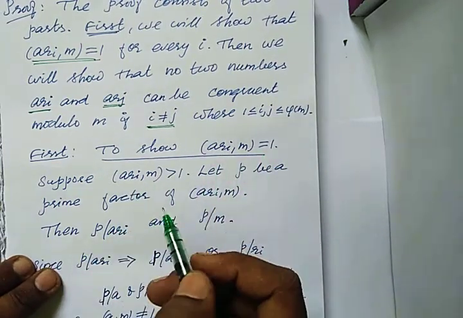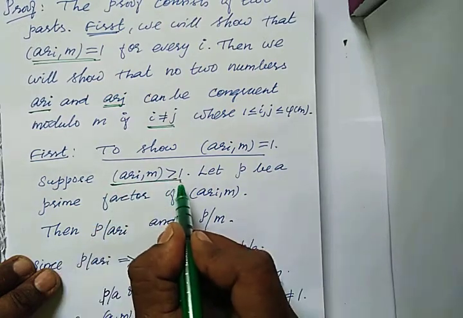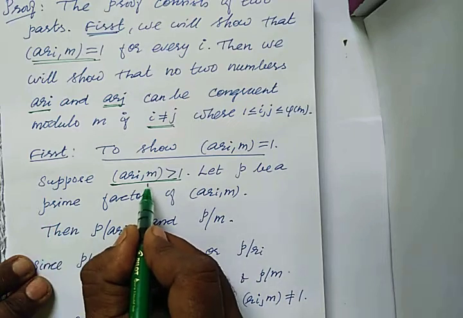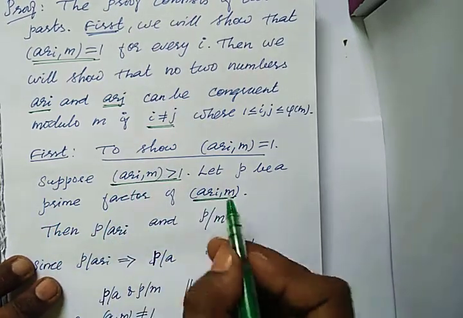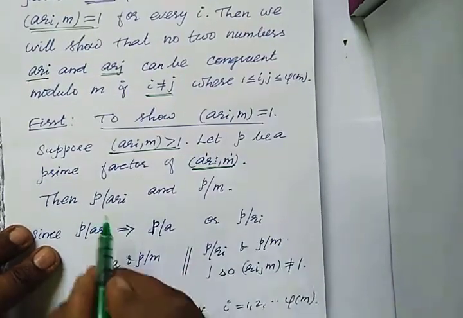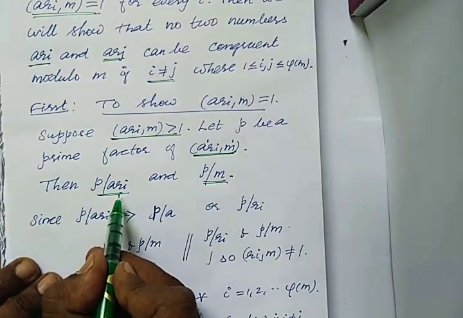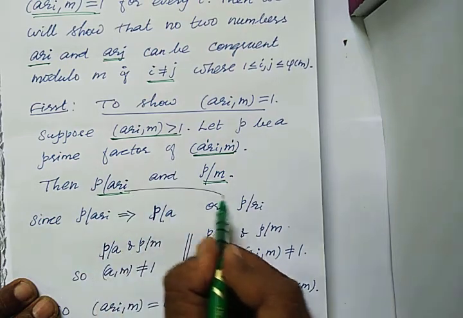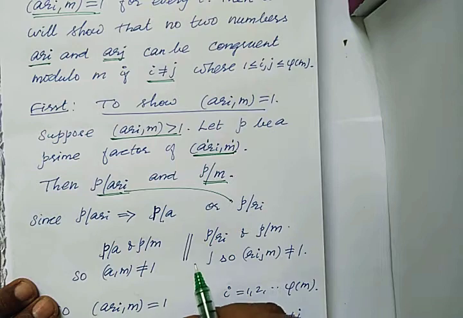Suppose not relatively prime, then the GCD will be greater than 1. Let p be a prime factor of this GCD. So p divides this number as well as this number. p divides Ari means p divides a or p divides Ri.